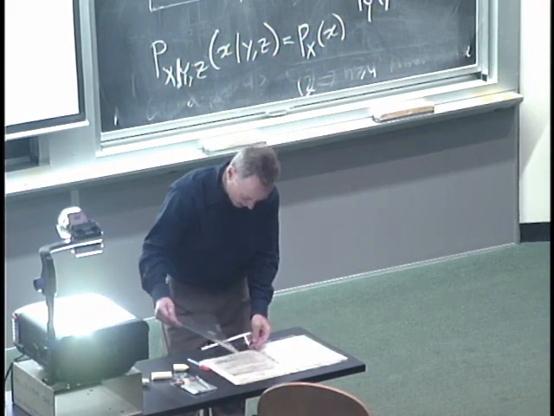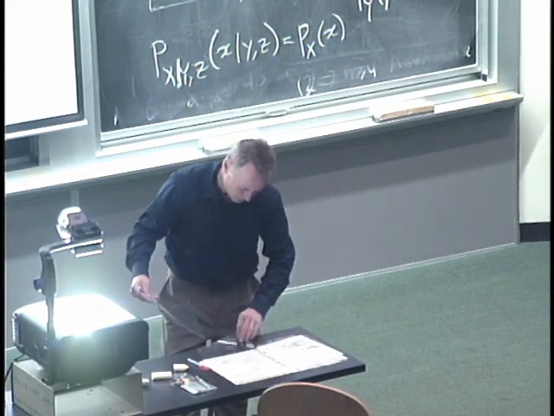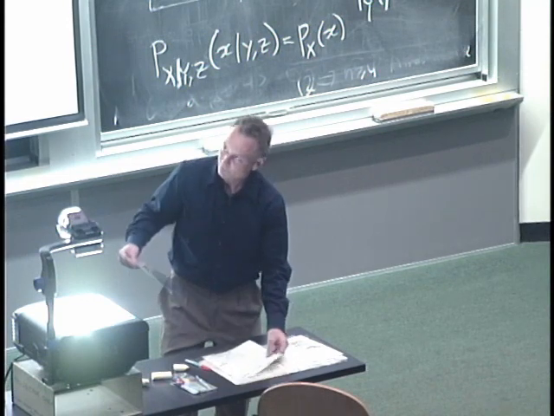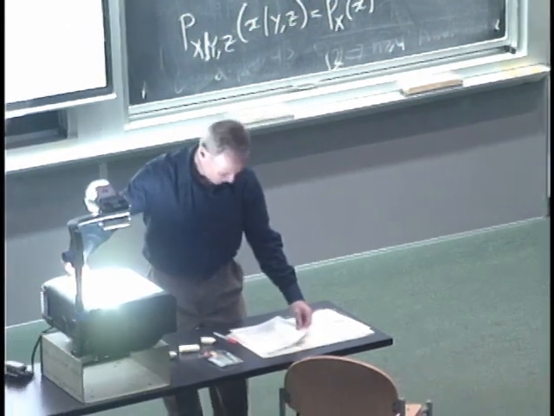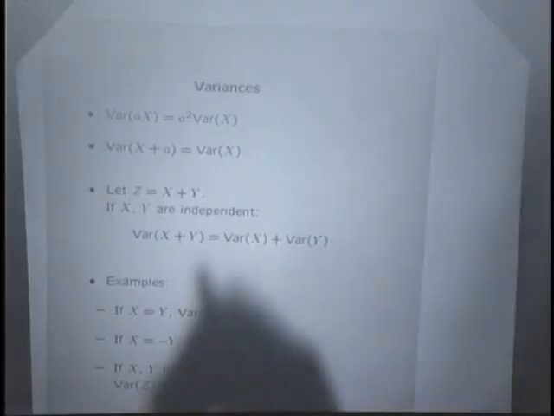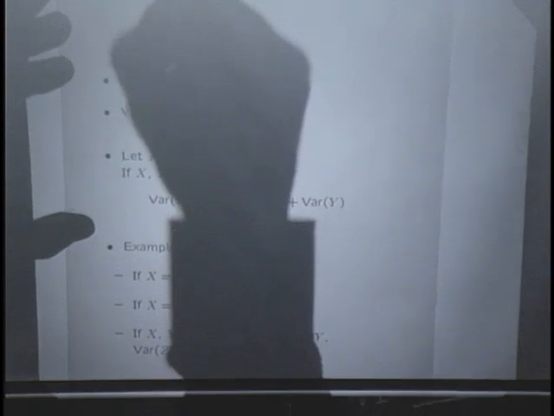Now, besides expectations, we also introduced the concept of the variance. If you remember the definition of the variance, let me write down the formula for the variance of aX.